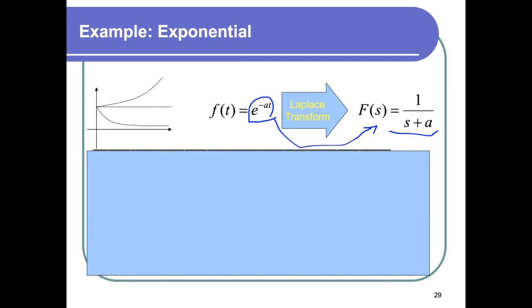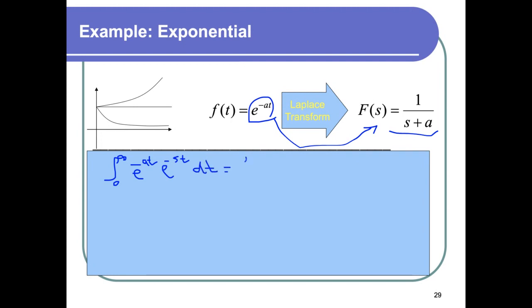Let's do it. So again, using the formula, we have the integral from 0 to infinity of f of t e to the power of minus st. So we have e to the power of minus at multiplied by e to the power of minus st dt.